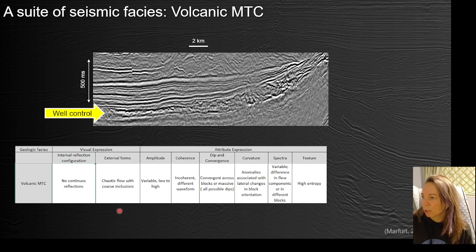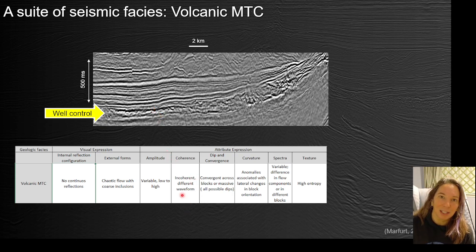Sometimes you can see kind of coarse inclusions. Looks like we got one right around here. I'm trying to circle. The amplitude tends to be very variable from lows to highs, again, depending on the lithology of the particular mass transport complex, which in this case has volcanics, so that would cause that higher variation.